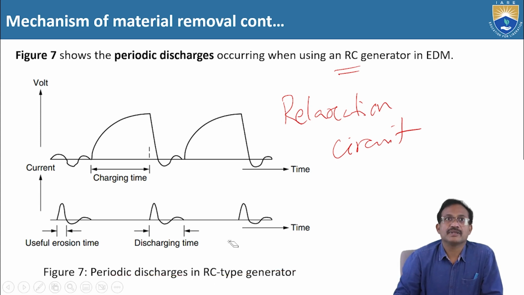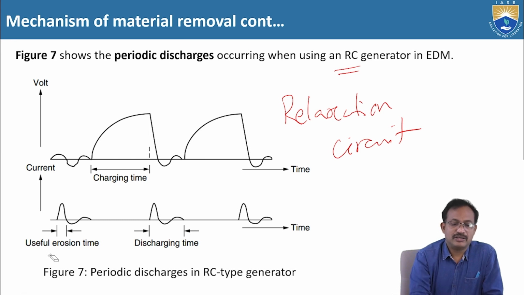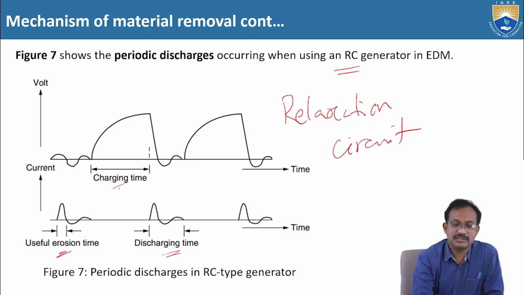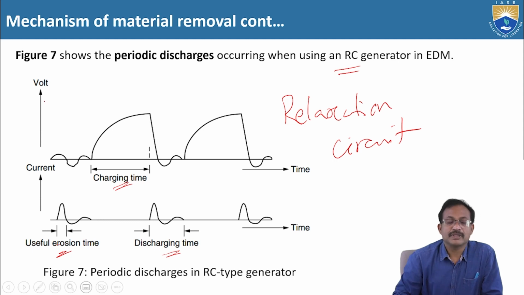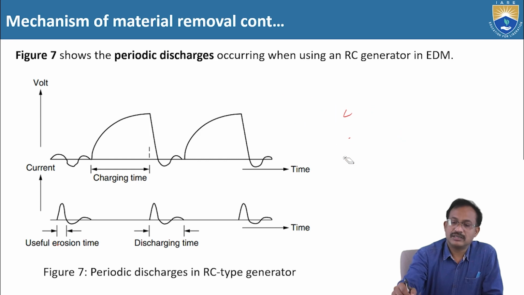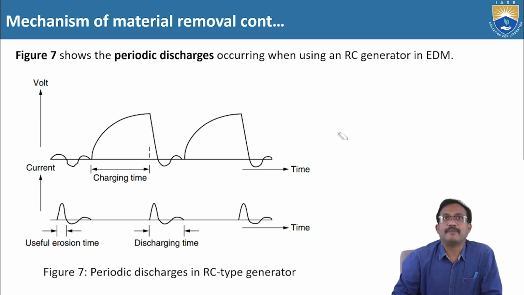Here is the useful erosion time, this is the discharge time, and this is the charging time in voltage and time. So this is a practical periodic discharge diagram.